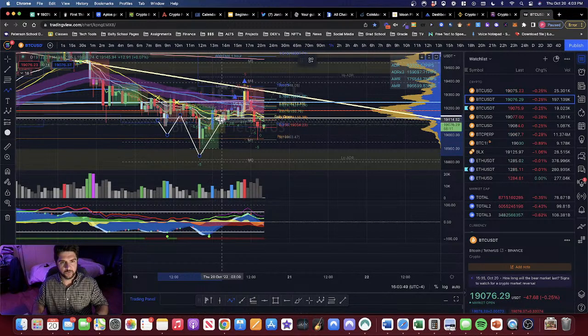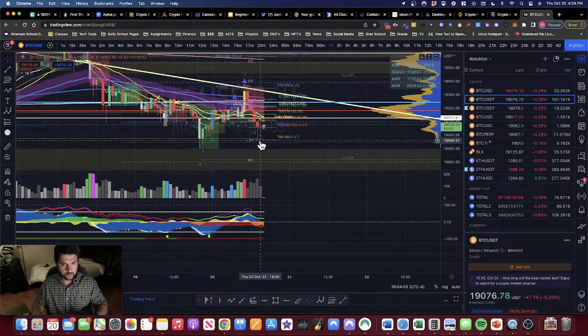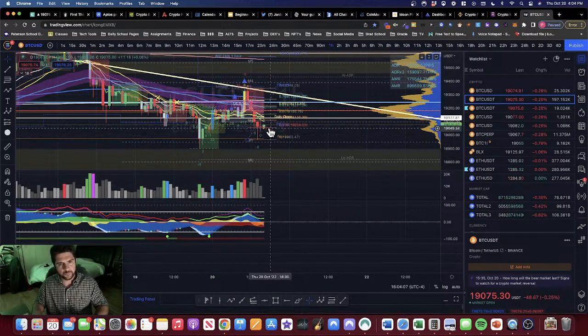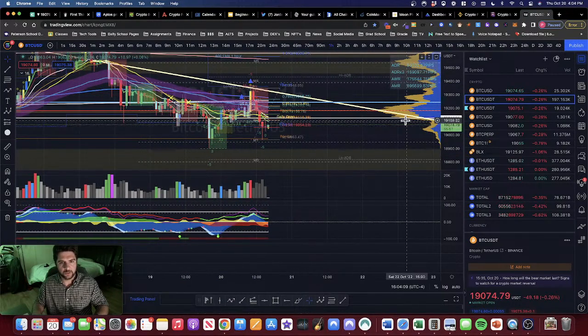Your other shoulder would have been right around here, I guess. And then you wanted the backtest, hold this level here, and then a continuation. But you didn't. You got ripped to the downside. That's what happened.